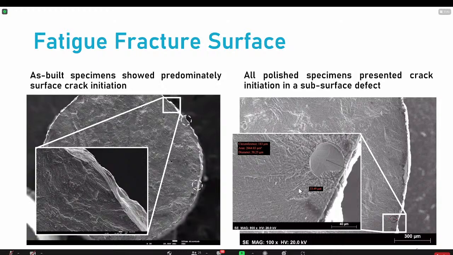If the surface is polished, you may not have crack initiation at the surface but at a defect, and thus presenting this fine granular area that we can see here. And we have other images, but in this small gist of presentation, we just showed one. I'm not sure if I answered.